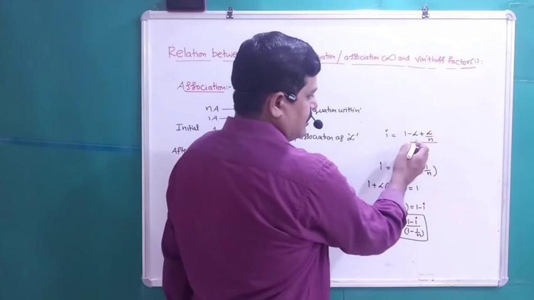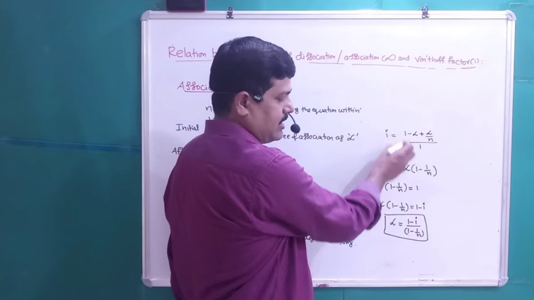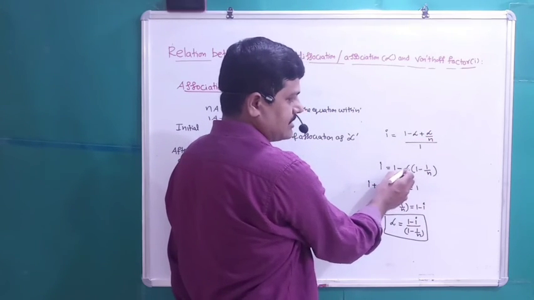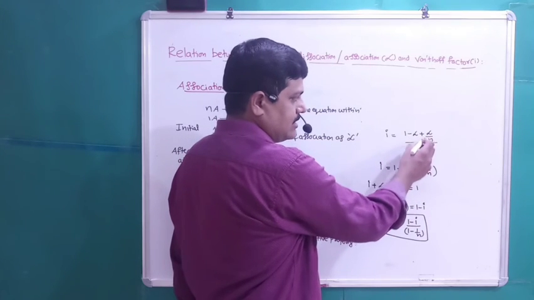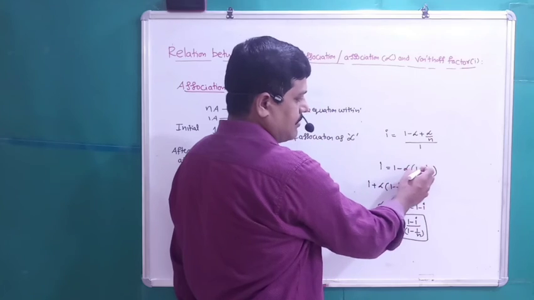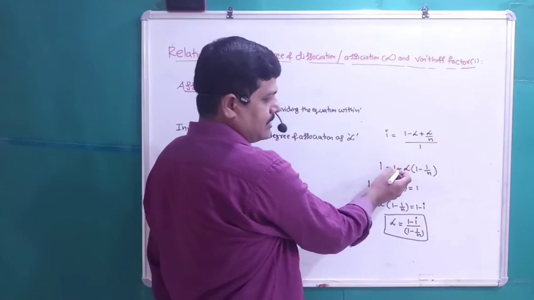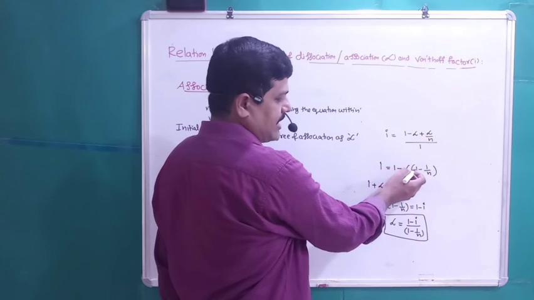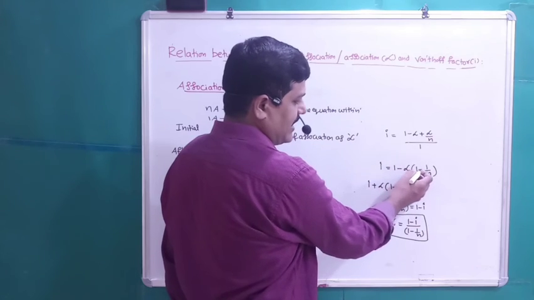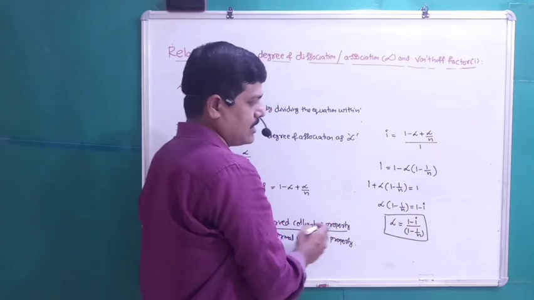From this, taking alpha as common, minus into plus is minus, alpha into 1 is alpha; minus into minus is plus, alpha into 1 by n is alpha by n.